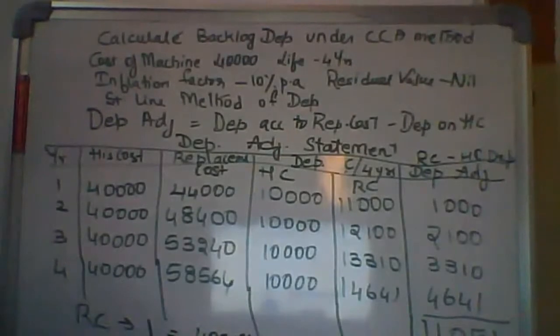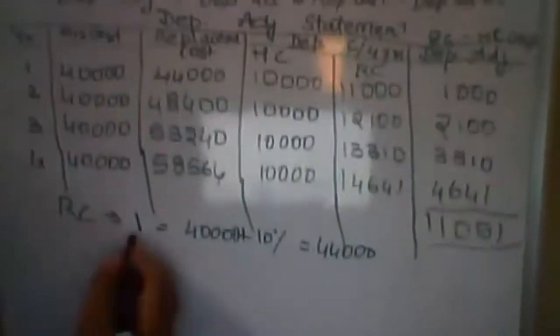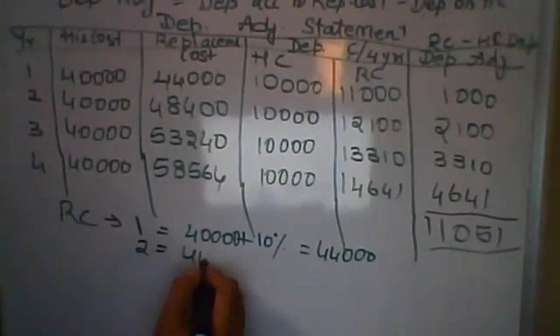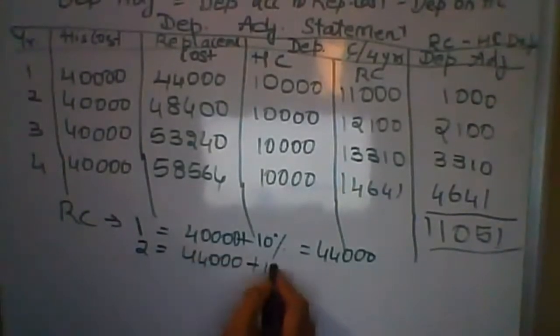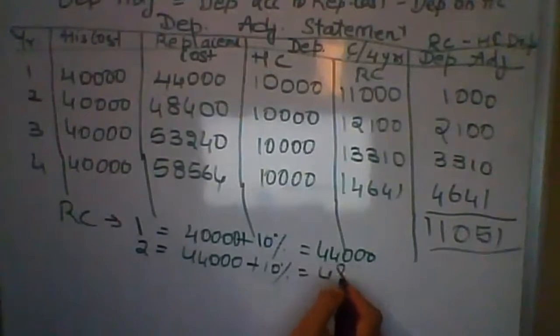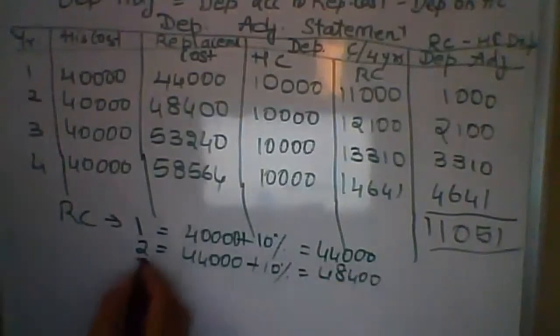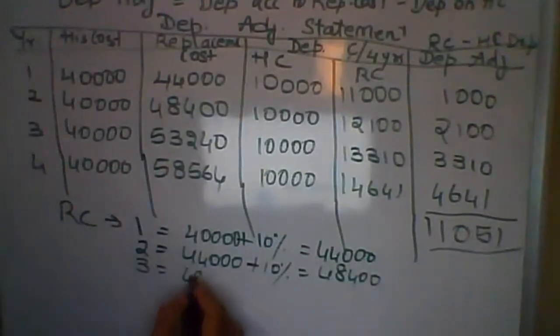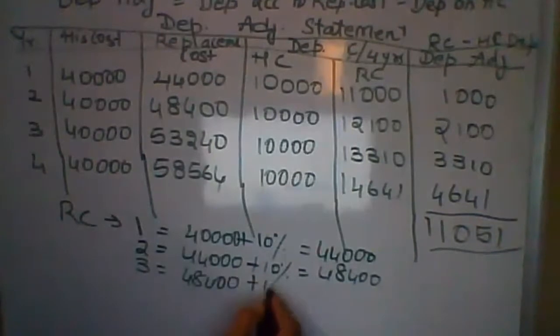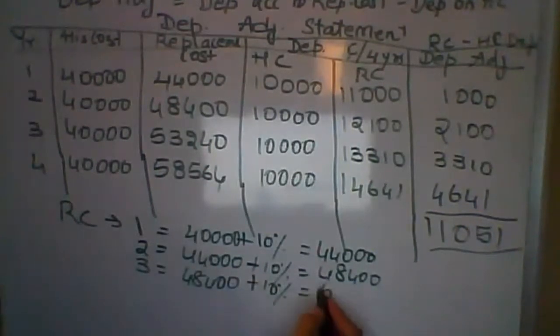40,000 plus 10% is 44,000. Okay, then year 2: 44,000 plus 10%, 48,400. Year 3: 48,400 plus 10%, 53,240.